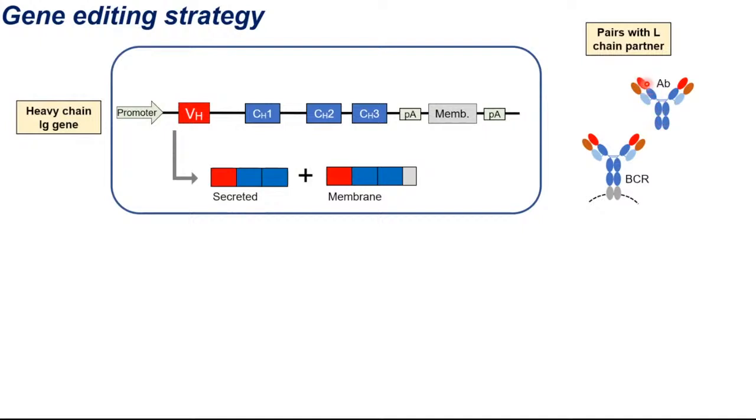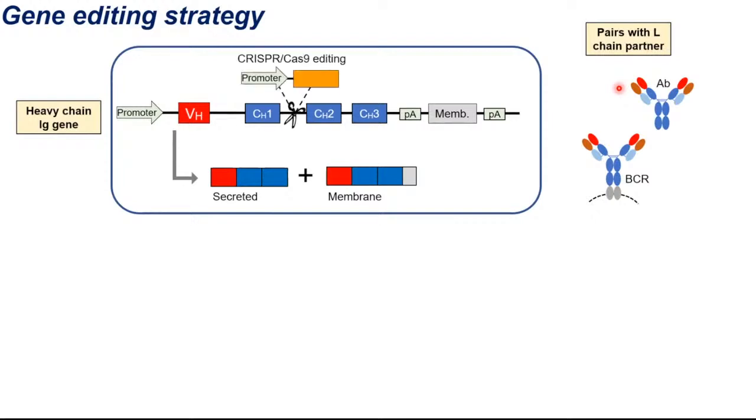You see my color scheme with the red and blue. And then alternatively, some of these also have the membrane anchor, the gray blob, attached. And so they form the heavy chain component of the B cell receptor. So when the products of this gene naturally are made and partner with their light chains, we get both B cell receptors and antibodies. So that's how the natural antibodies are made.